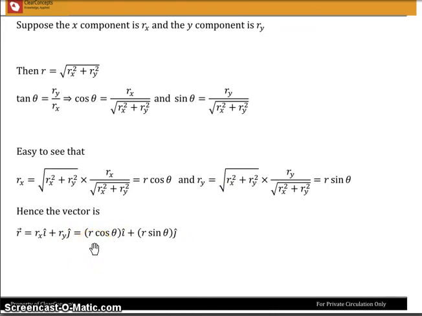So basically, if we have a vector of magnitude r oriented with respect to the positive x-axis with an angle of theta, then the x component will be r cos theta, the y component will be r sin theta. That is the way we resolve a vector along the axes.